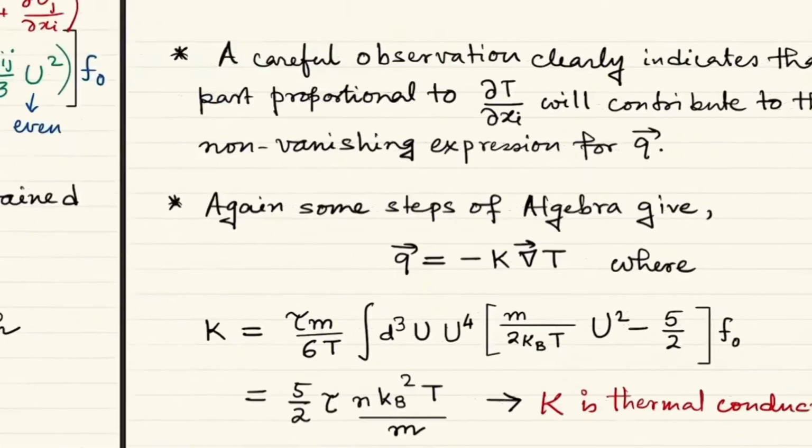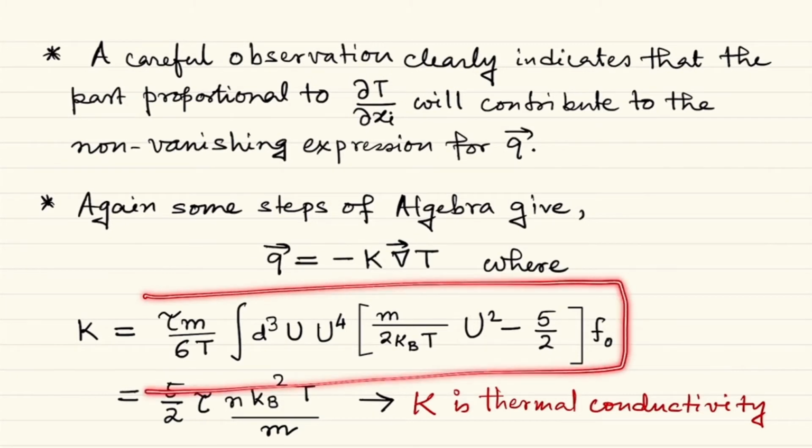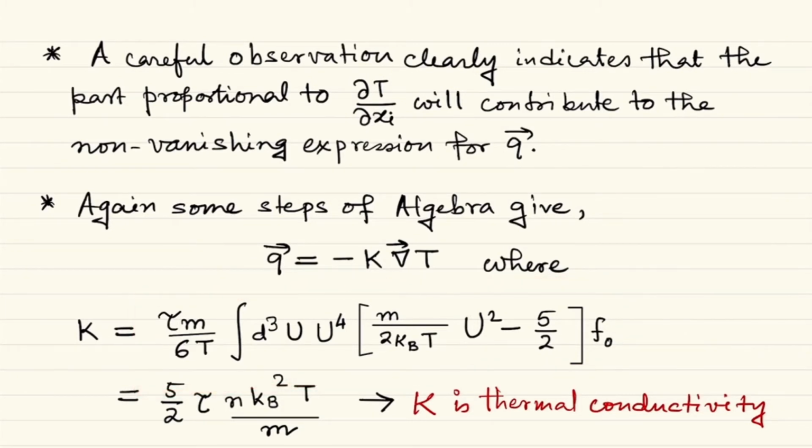Don't forget the F0. So K will simply be tau m by 6T integration d cube u times u to the 4 times m by 2 kBT times u square minus 5 by 2 bracket times F0.